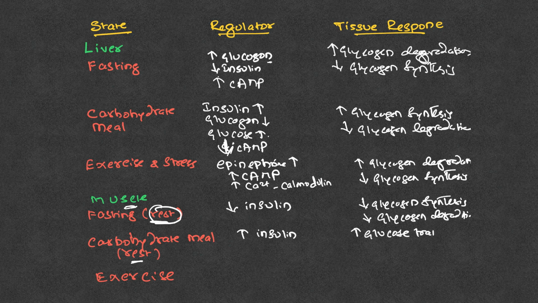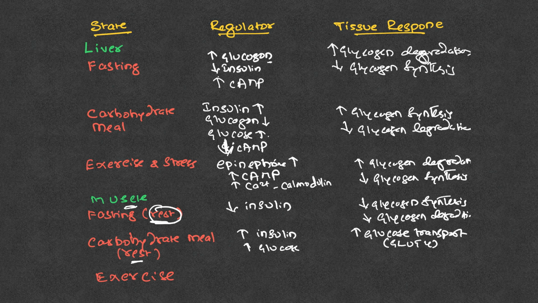So glucose transport into the skeletal muscle will increase because the person has taken carbohydrate meal, and insulin is increased, meaning blood glucose will also be increased, and this glucose will enter into skeletal muscle because GLUT4 transporters are brought up to the skeletal muscle membrane.